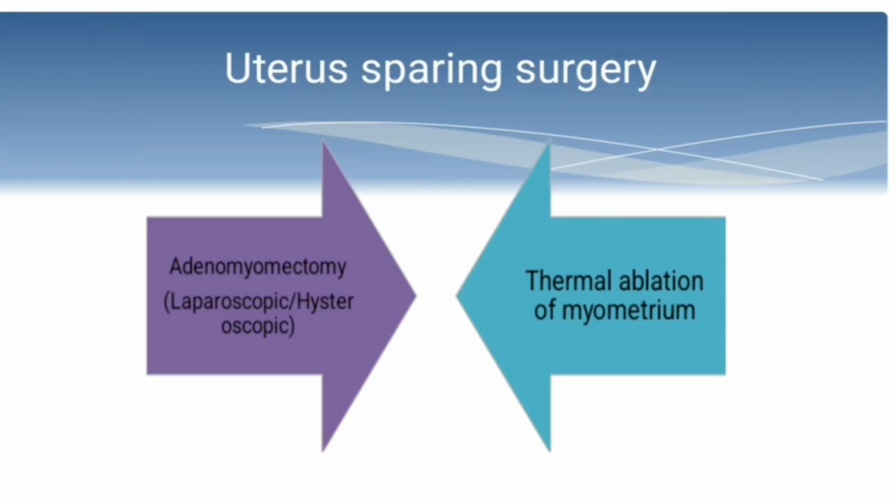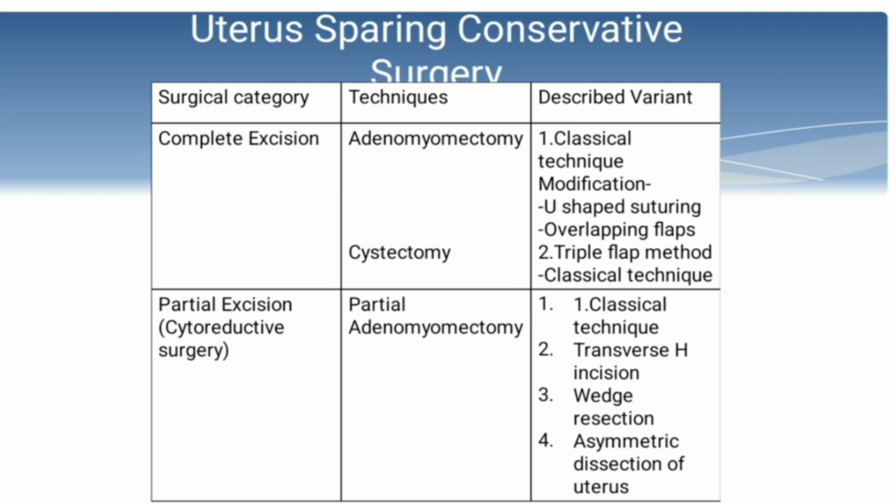Uterus sparing surgery includes adenomyoectomy, which can be laparoscopic or hysteroscopic, and another is thermal ablation or adenomyolysis of the myometrium. In uterus sparing conservative surgery, there may be complete excision and partial excision.